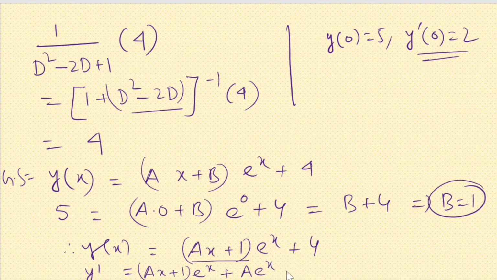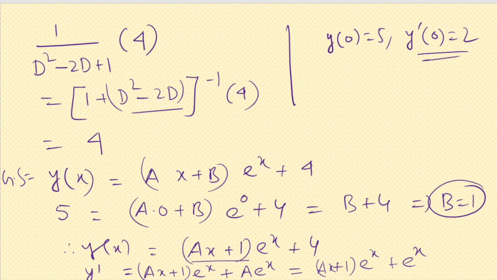So this is simply the y' value, which is (ax + 1)e^x + a e^x. Now if we apply y'(0) = 2, then this gives 0 times e^x plus a e^x.